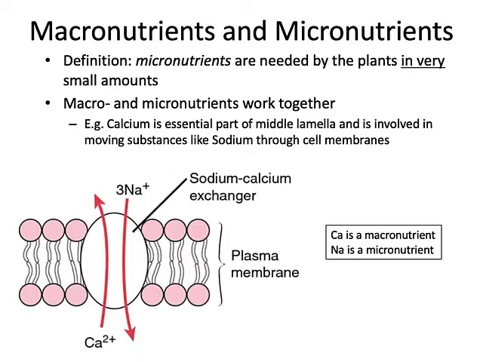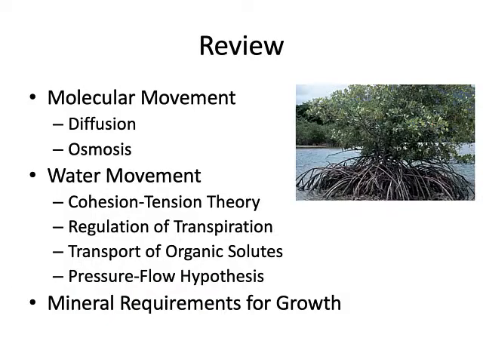And macro and micronutrients truly work together. For example, calcium is an essential part of the middle lamella and is involved in moving substances like sodium through cell membranes. Calcium is a macronutrient and sodium is a micronutrient.